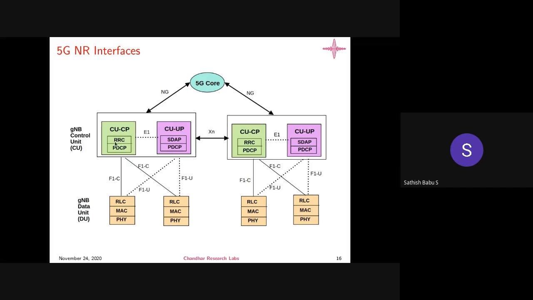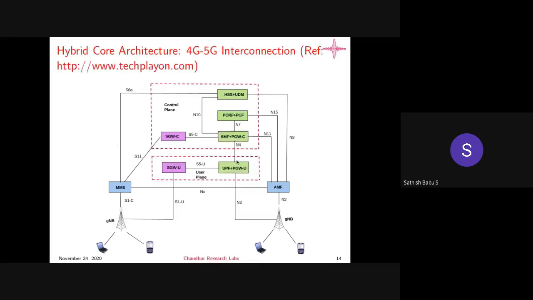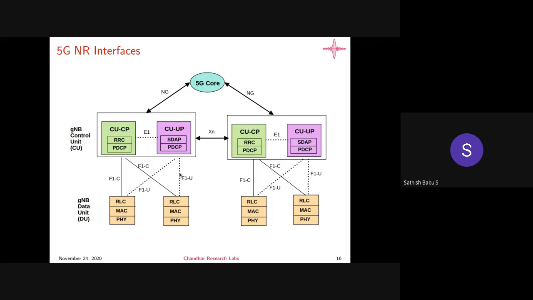If you see in this diagram, in the case of 4G, you have the serving gateway for the control plane separately and the serving gateway for the user plane separately. This is one reason why you are splitting the gNB control unit into the control plane and the user plane. So between the control plane and the user plane of a particular gNB, the interface is called the E1 interface.